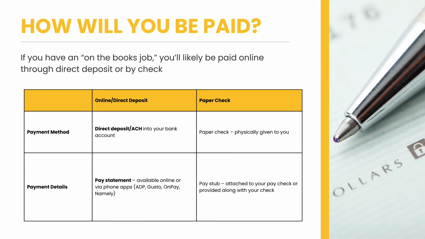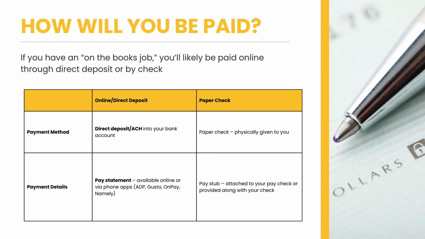As an employee, there are two main ways people will receive their pay, generally through a paper check or through direct deposit to your bank account. If you're paid with a check, information about your pay, taxes, and other items removed, or what we call deductions, is provided on your pay stub that comes directly attached to your paper check.